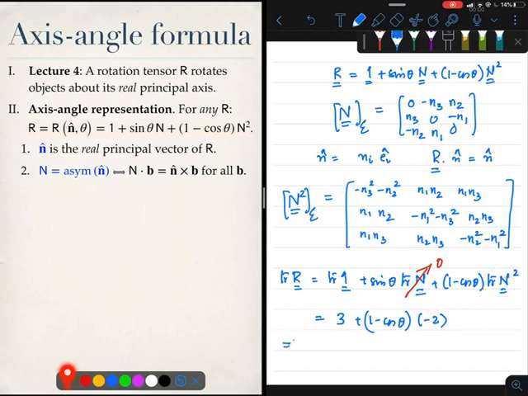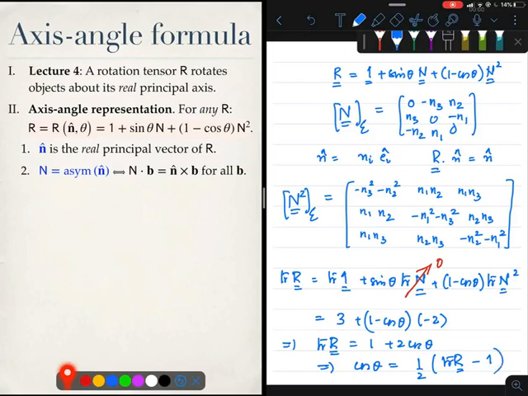So this implies that trace of R is 3 minus 2, which is 1, plus 2 cosine theta, which implies that cosine theta is equal to 1 by 2 into trace of R minus 1, right?